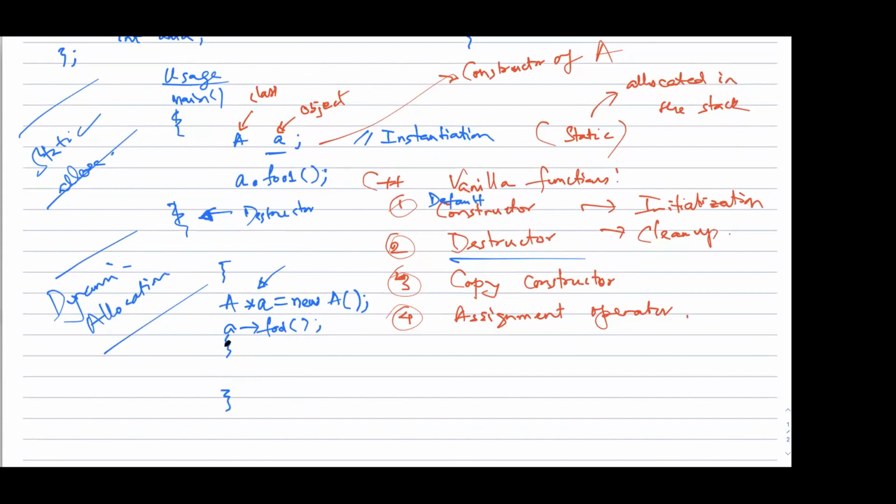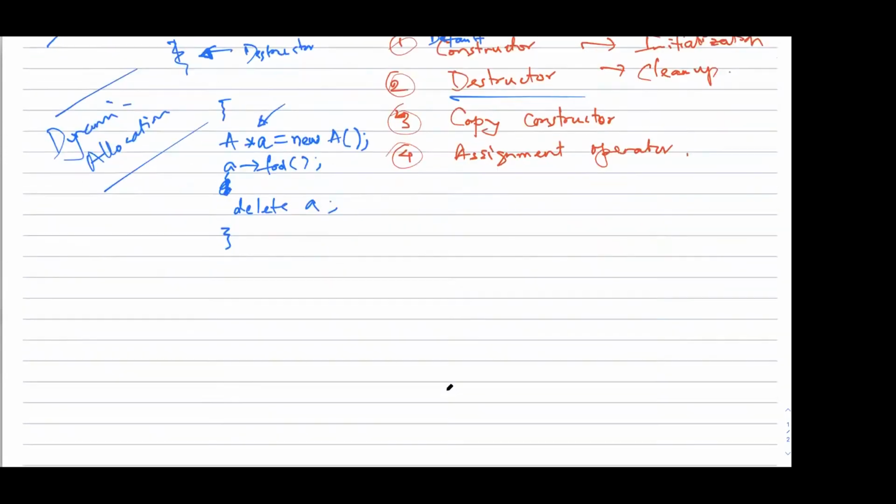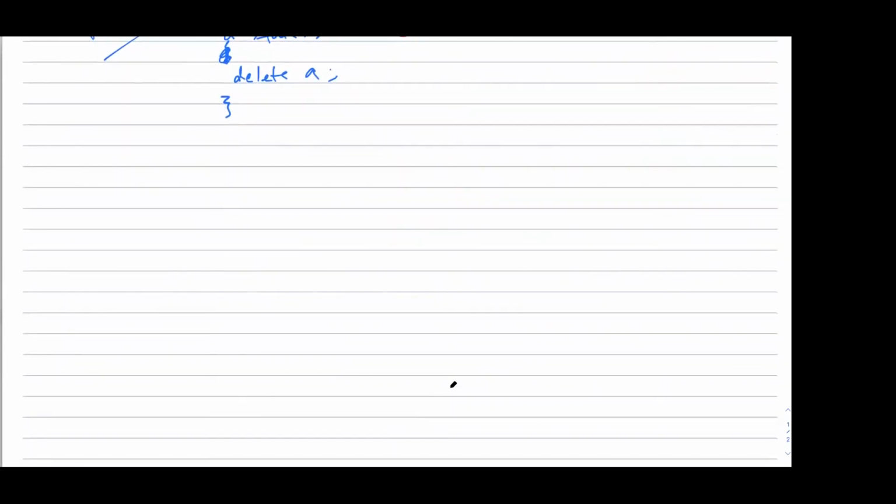Here you have to have an explicit call to delete on a. Very important. So now, as I mentioned before, if you want to allocate an array of objects, you can do A* a equal to new A[n]. The beauty of dynamic allocation is that this can be variable length.